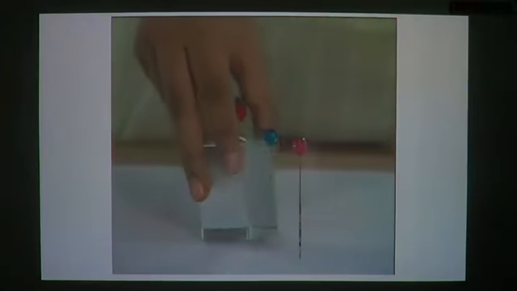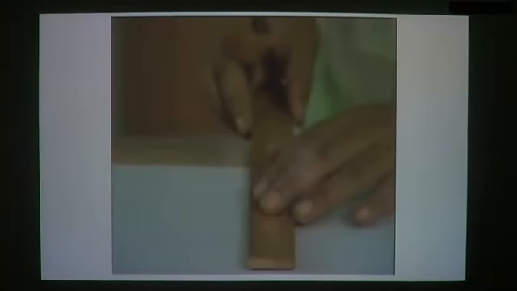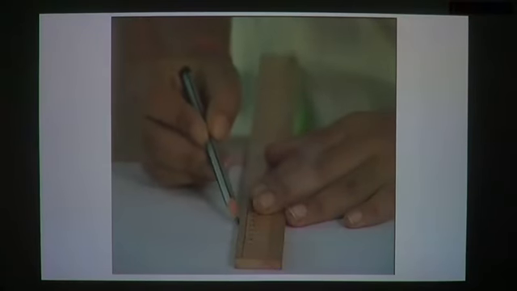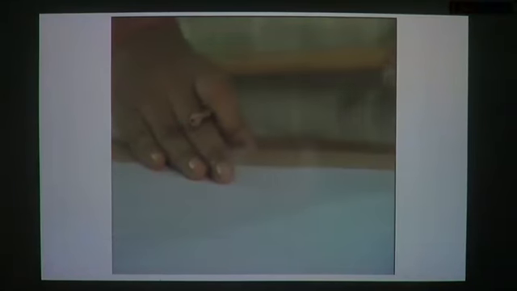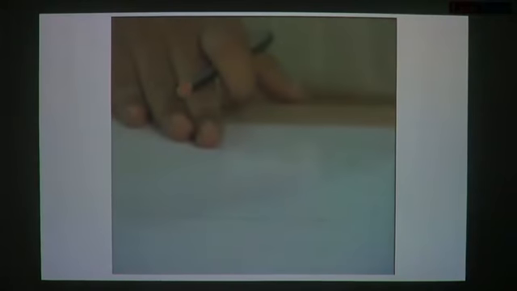Then remove the prism. Join the 2 points. This will be the emergent ray. Then join the incident ray and the emergent ray.